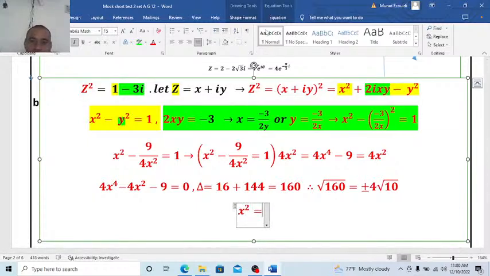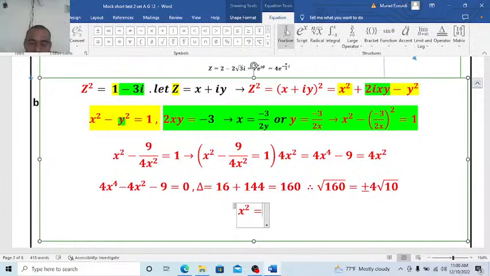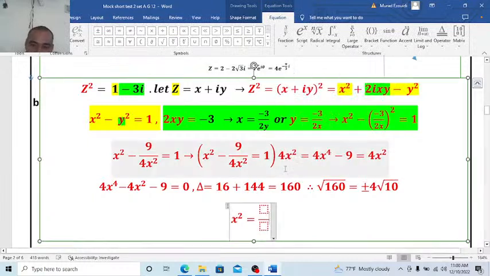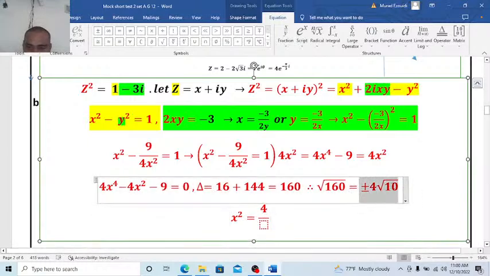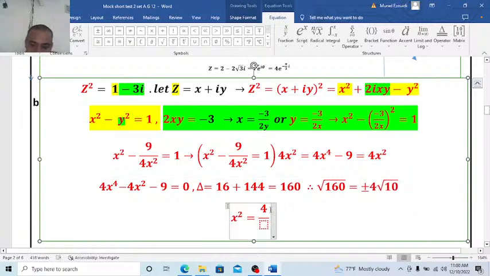We have the formula: minus b plus or minus the square root of delta, divided by 2a. So minus b here is what? Minus b is minus negative 4, it means 4 plus or minus this one, because we have two possible solutions. Then divided by 2 times 4, which is 8.